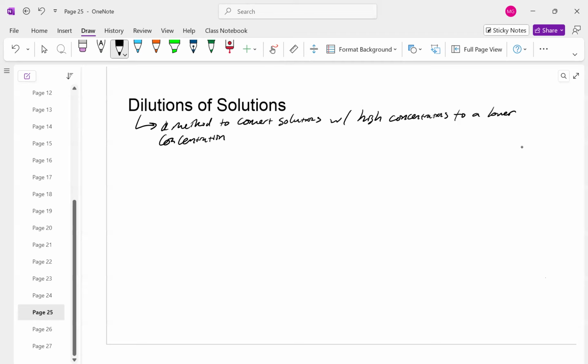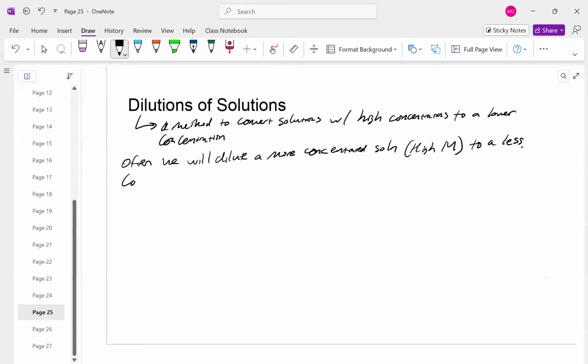And so often in chemistry, we will dilute a more concentrated solution, something that has a high molarity, to a less concentrated solution, a lower molarity.